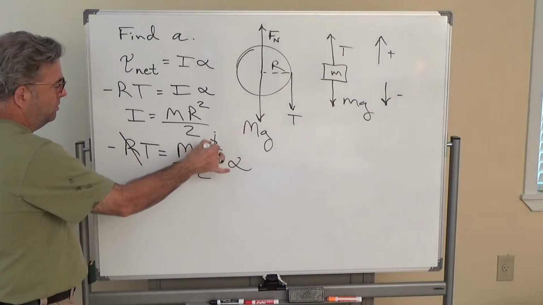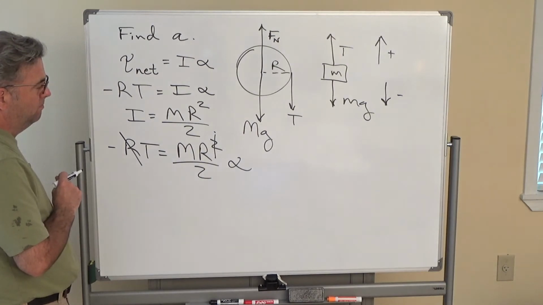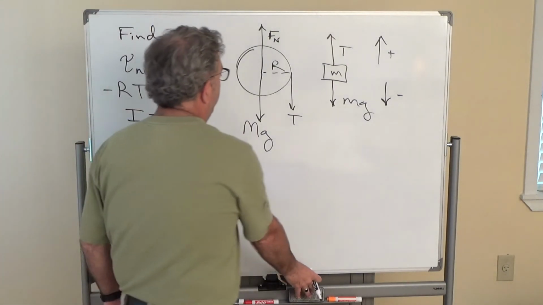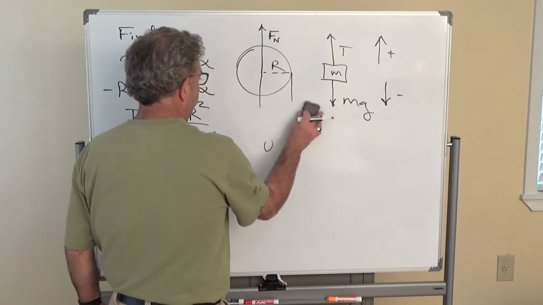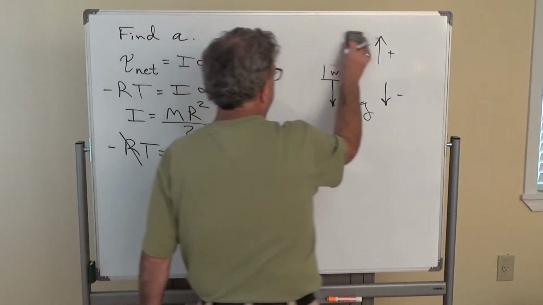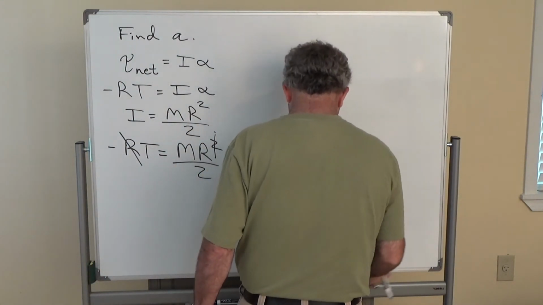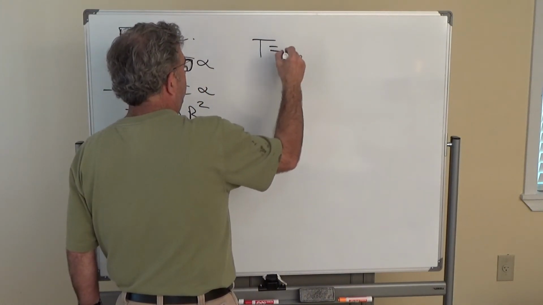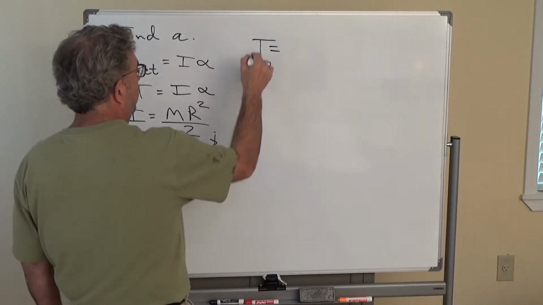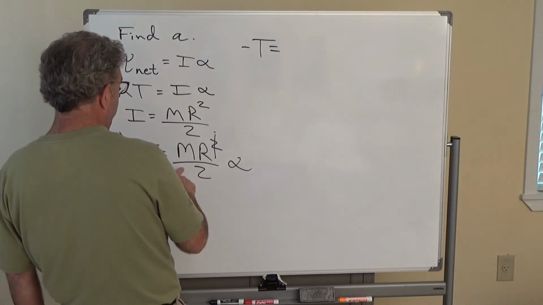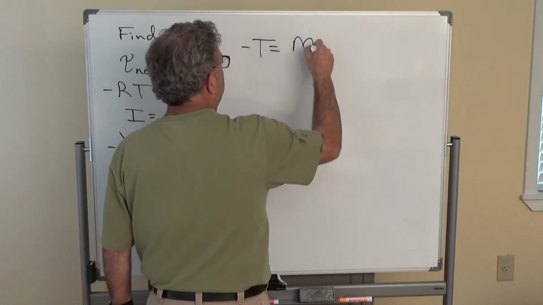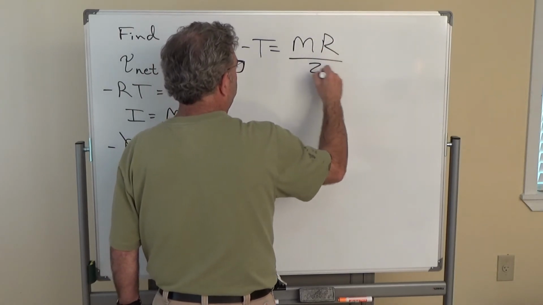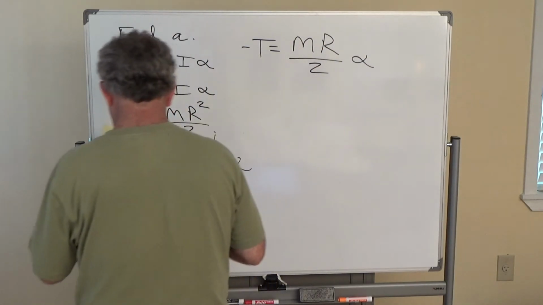That R cancels and that R cancels. So now I have a relationship between the tension and the angular acceleration. Negative T is equal to MR over 2 alpha. Okay?